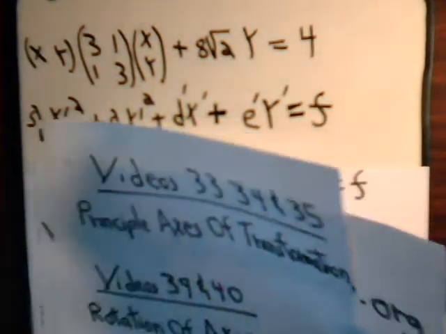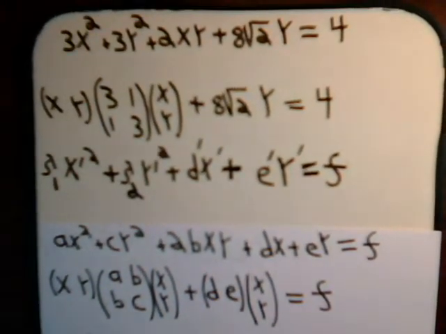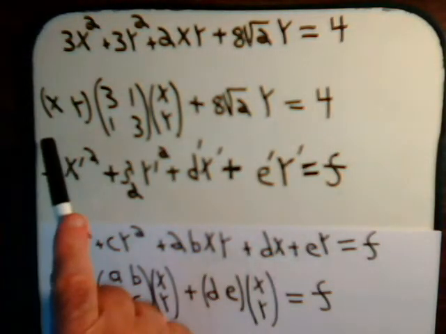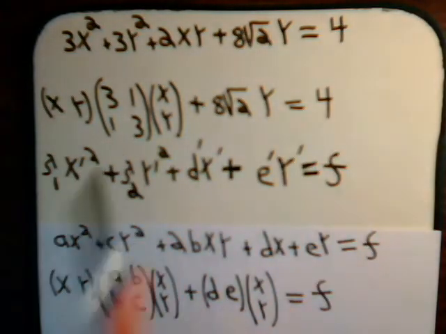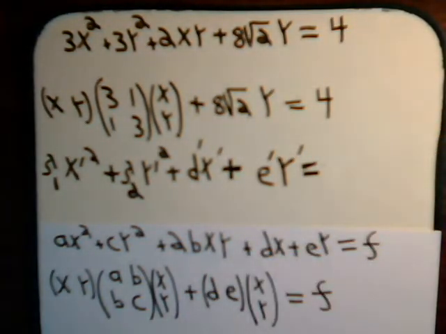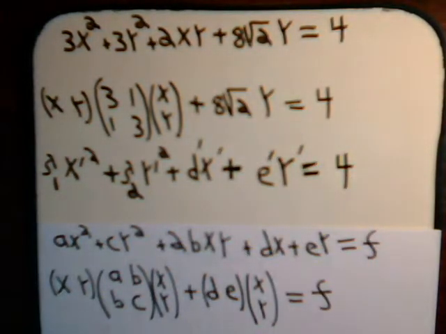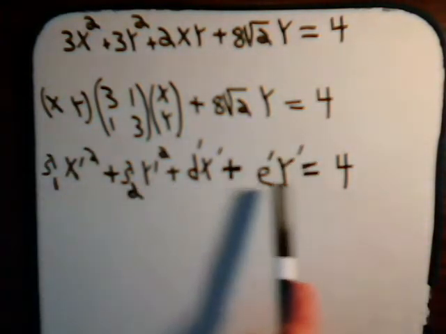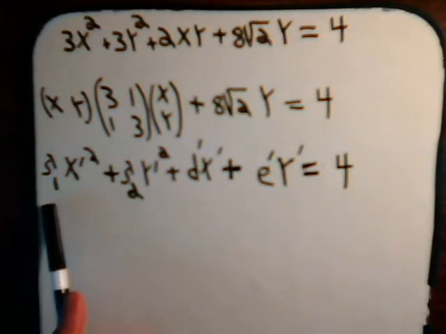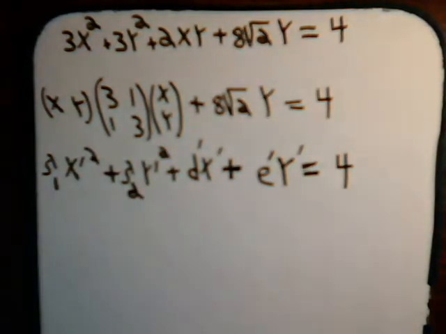Now, here, our quadratic expression can be written like this in matrix form. And then what we derived in the last video is that this equation, and this can be a 4 for our particular problem, gets rewritten in general form like this, where lambda 1 and lambda 2 are the two eigenvalues of our symmetric matrix.